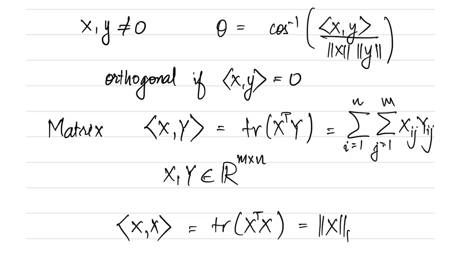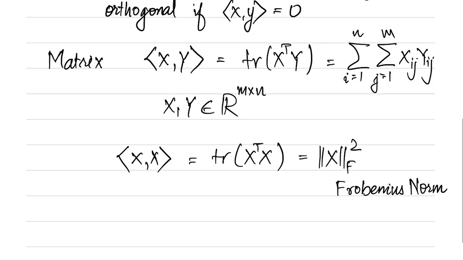Another way of denoting this is the norm of x, F, square. So F stands for Frobenius norm. And as you can guess from here, this can also be evaluated as the summation over i and j of x_ij square.